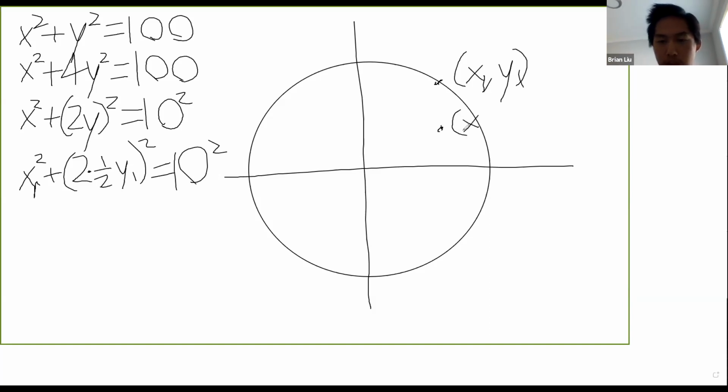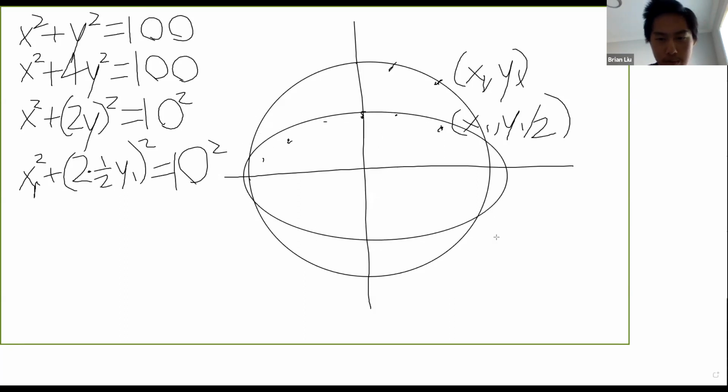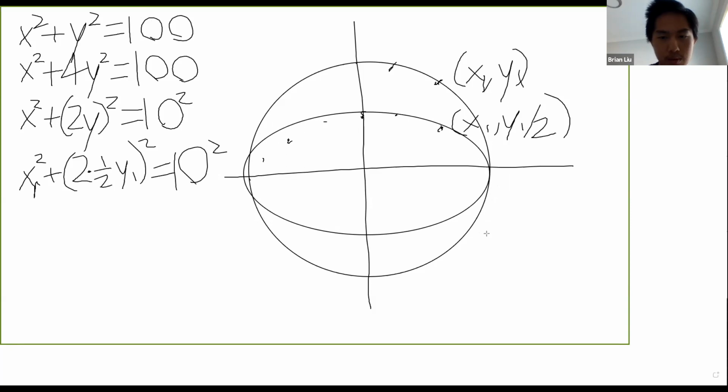So 1/2 of y1. And then similarly for here, we would have to half it, and so on. And so what we would end up with is this shape. So it's something like that, right? And this is what is called an ellipse.